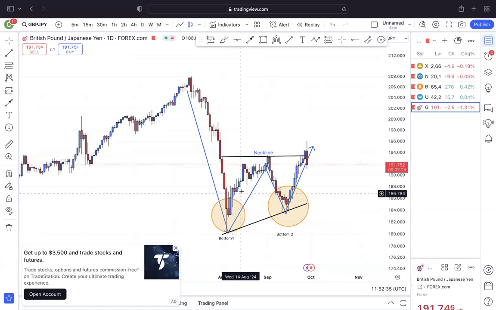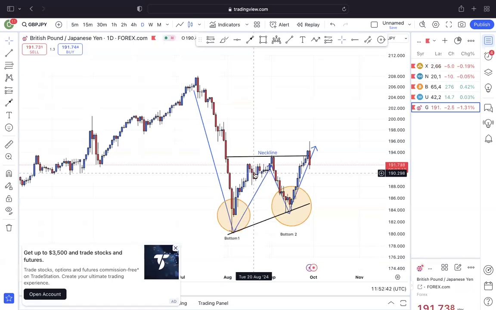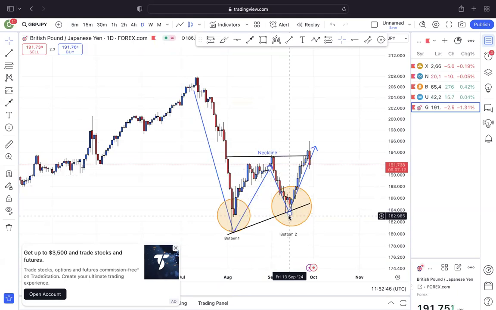But this is not an indication of a reversal. This is just an indication of a retracement in a downtrend. And then here we can see on the second low, it discounts the previous downtrend and the buying pressure increases.